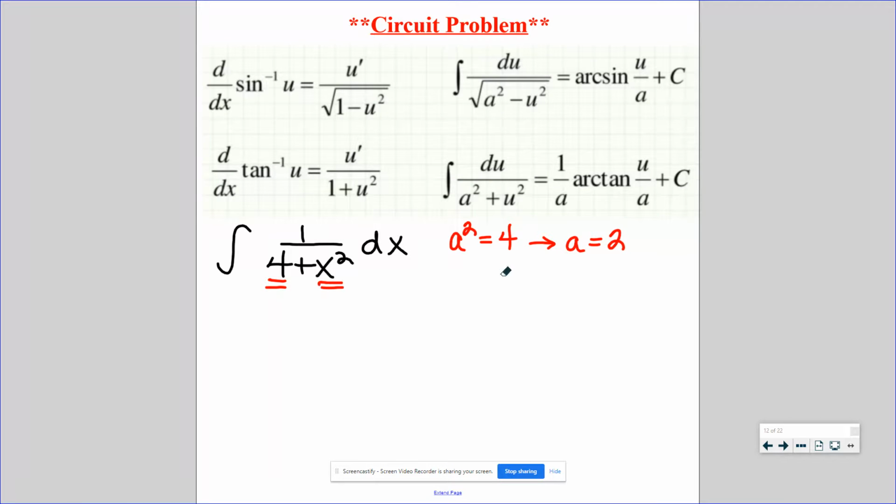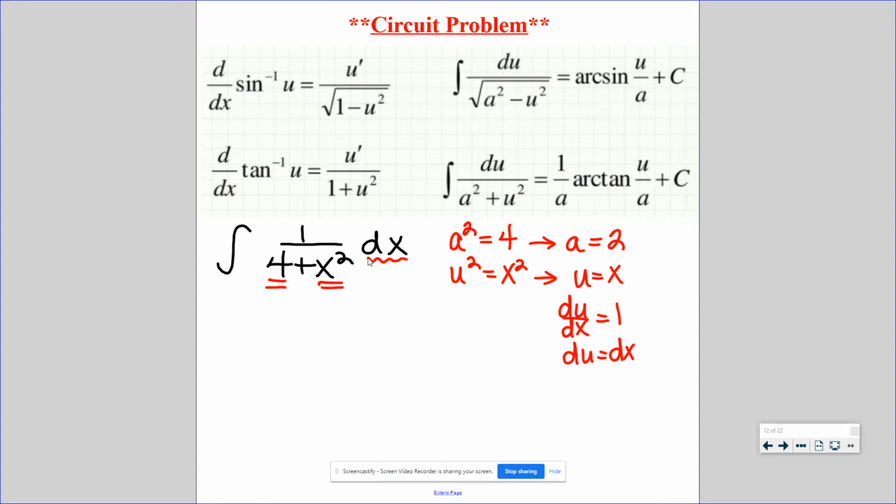And then we're going to identify u squared. So u squared is x squared in this question. And that means that u would be equal to x if you square root both sides. And then you work from here. Okay, so this is your u. Take your derivative, multiply by dx, and you get du is equal to dx.